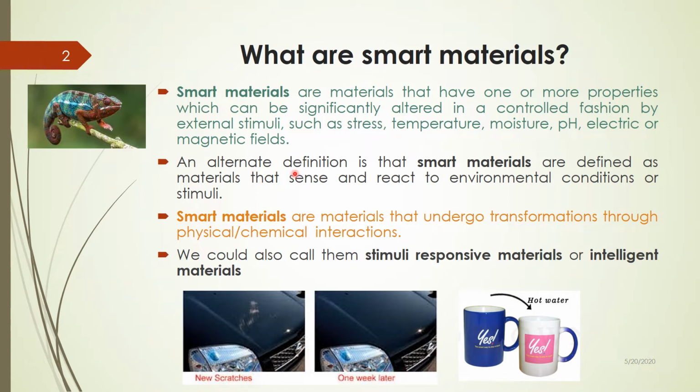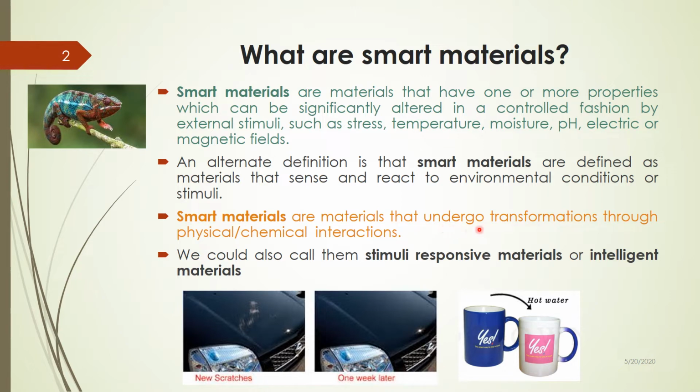An alternate and an easy definition for smart material is that such materials sense and react to environmental conditions or stimuli. We could also call smart materials stimuli responsive materials or intelligent materials. Stimuli responsive in the sense that they respond to external stimuli, and intelligent in the sense that they operate like human intelligence.